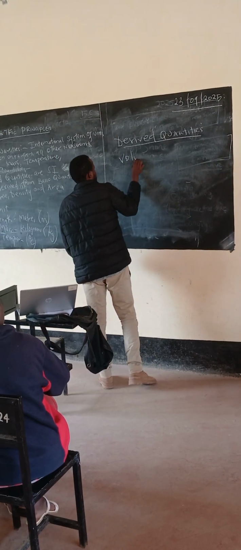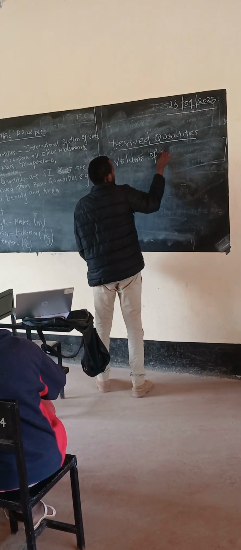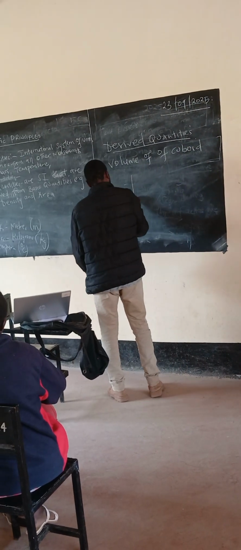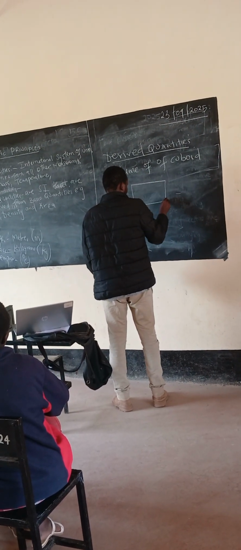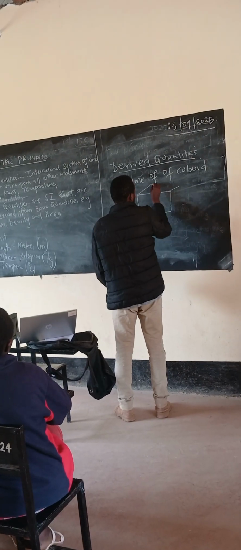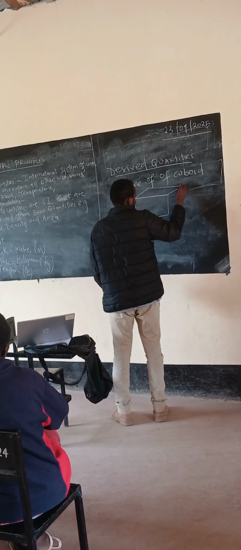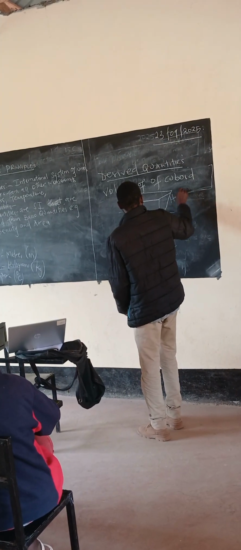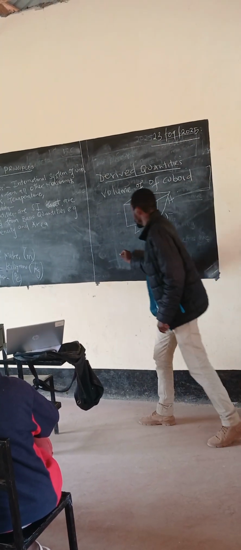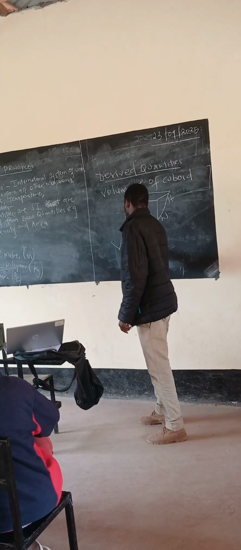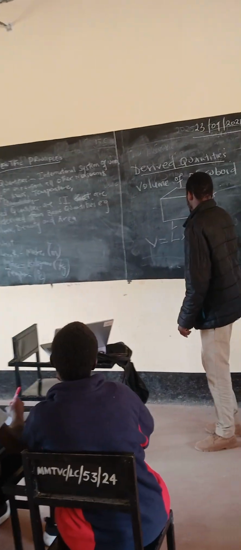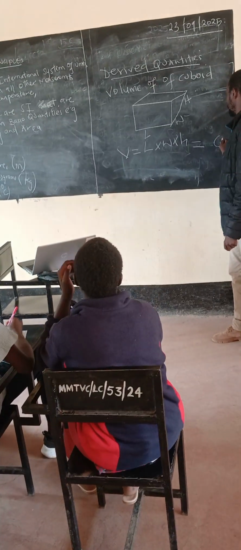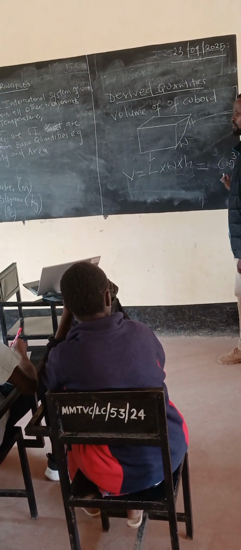For example, take derived quantities. Volume of a cuboid. This is length, width, and this is the height. So to get volume, which is our derived quantity, is given by length times width times height. The answer's unit at the end should be either centimeter cubed or meters cubed.